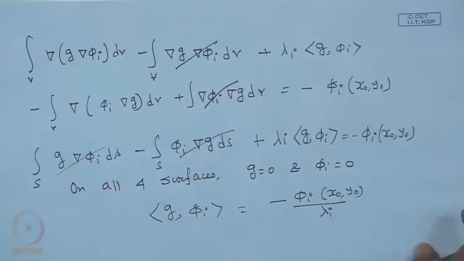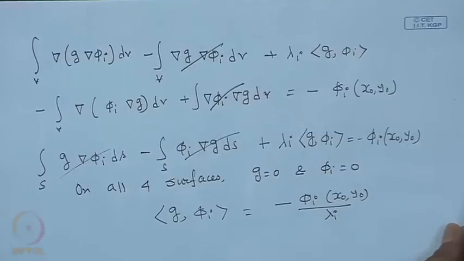So, we have obtained the inner product between G and phi I. Now we can write down the expression of Green's function.